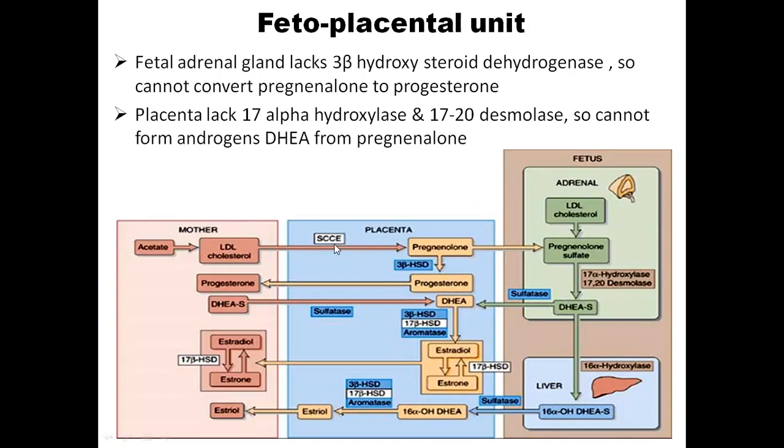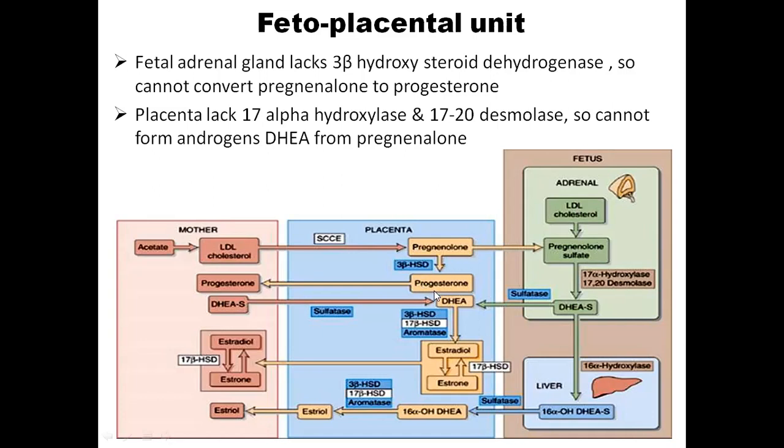Now, this LDL cholesterol is converted into pregnenolone in the placenta. It has the side chain cleavage enzymes, and this pregnenolone gets transferred into the fetus and conjugated to form pregnenolone sulfate. Now, this pregnenolone cannot be converted into progesterone in the fetus because there is no 3-beta HSD, the hydroxysteroid dehydrogenase.